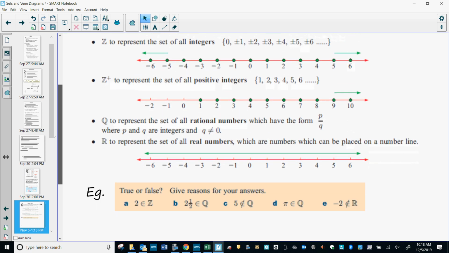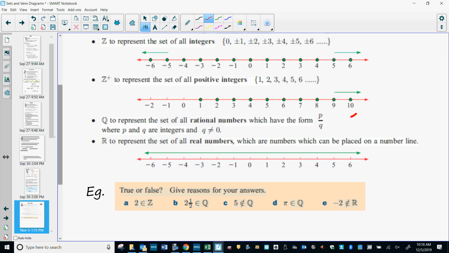So Q, they're called rational numbers. Many numbers are rational numbers. It means that they can be written as a fraction. They don't have to be. But things like 4 would be a rational number because it can be written as 4 over 1.